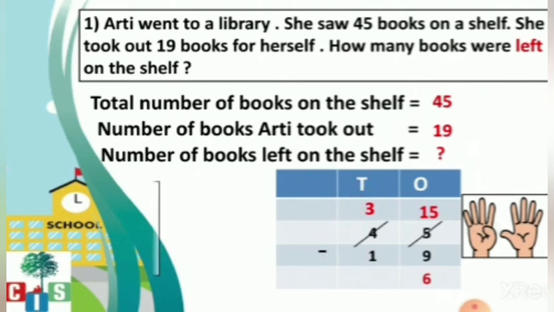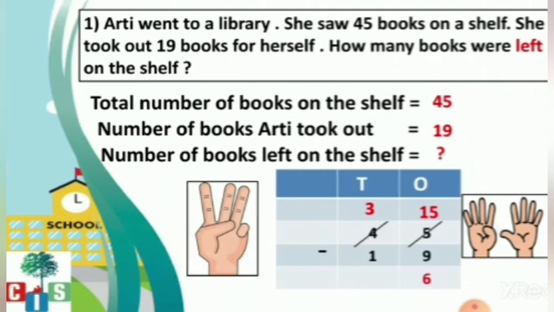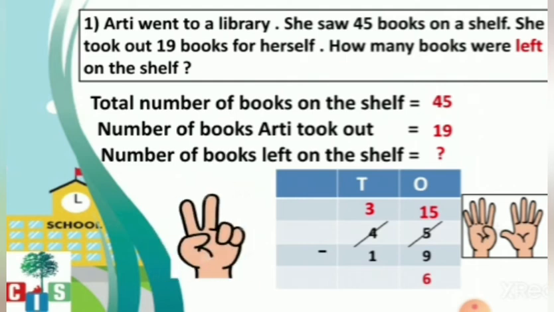So open your 3 fingers and close your 1 finger and see how many fingers are open. 2 fingers are open. So 3 minus 1, you will get the answer 2. So number of books left on the shelf is 26.